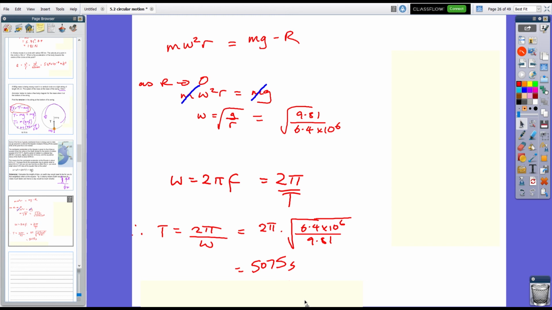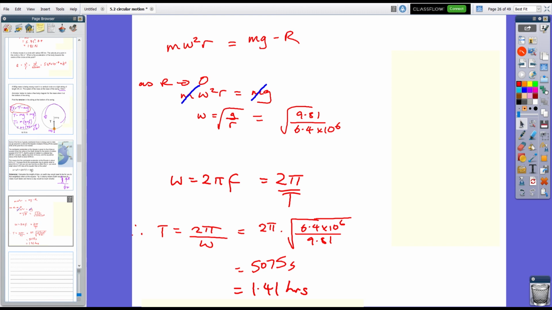And T comes out, if you put it in, at 5,075 seconds, which is about 1.41 hours. So if the Earth started spinning at a period of 1.41 hours, the centripetal force required would actually be 9.81 per kilogram, and so we would, in effect, just become weightless on the surface of the Earth.